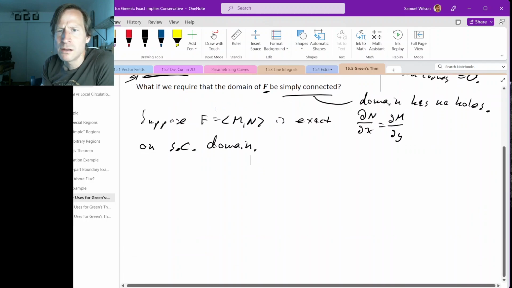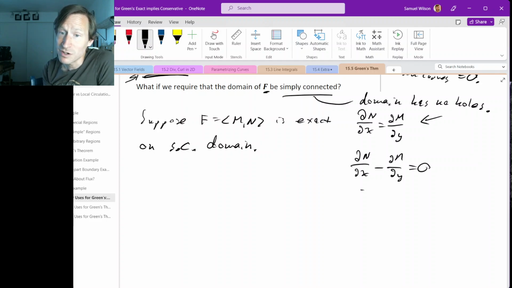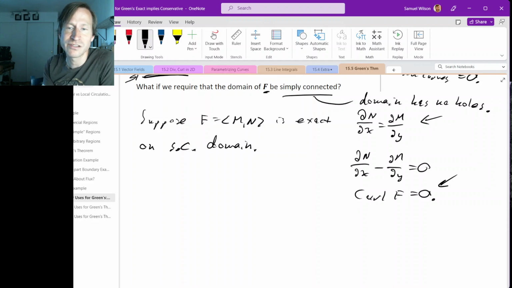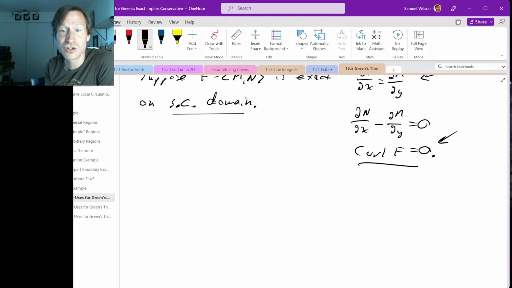Well, what does this have to do with Green's theorem? If you look at this equation for exactness, we could rewrite it as partial n partial x minus partial m partial y equals 0. In other words, curl of f equals 0. So by assuming that this vector field is exact, we're really assuming that its curl is 0. So now we have a simply connected domain and a vector field whose curl is 0.